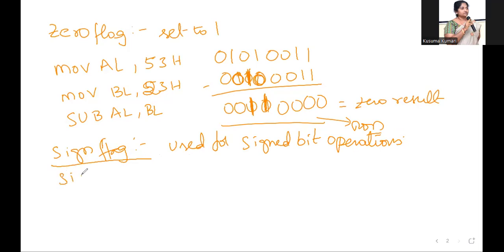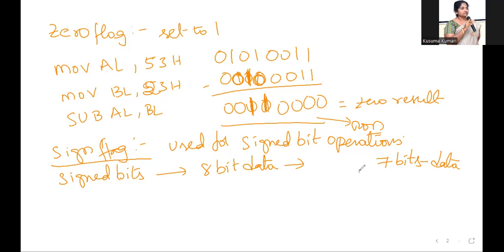For example, in case of signed bits, if it is an 8-bit data, then 7 bits indicate data, and the last MSB bit indicates sign or polarity, whether it is positive or negative.